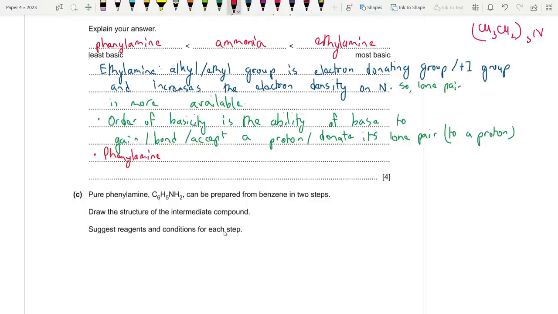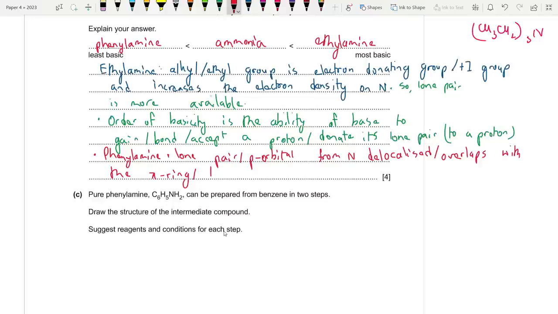So the lone pair or the p orbital from nitrogen in NH2 is delocalized; the p orbital overlaps with the pi ring, or benzene ring, and this decreases the electron density on nitrogen.